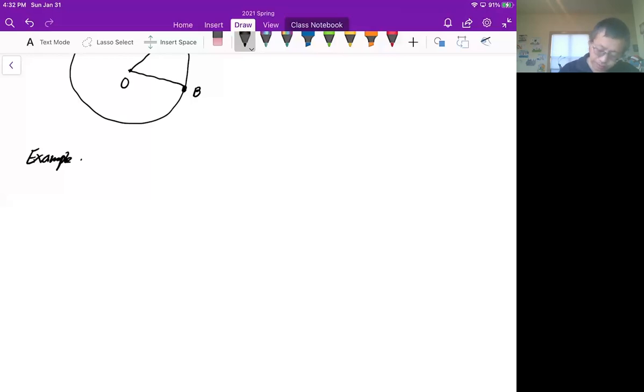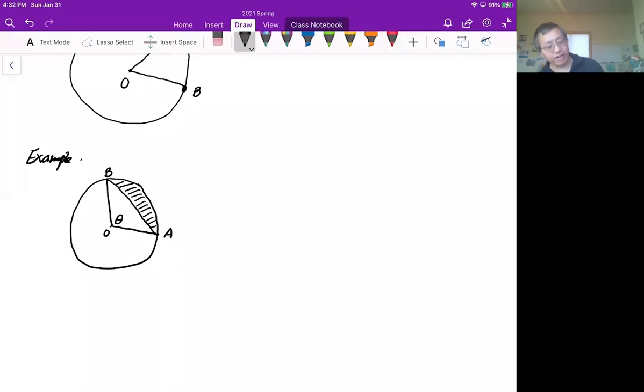Okay, so the next one is, suppose there's a circle here. Suppose we have a sector, so that's A, O, and B, right? And then suppose the central angle is theta. And I connect this, so it's a triangle ABO. And then I'm going to have that shaded region. For many problems, we are going to find that shaded region.